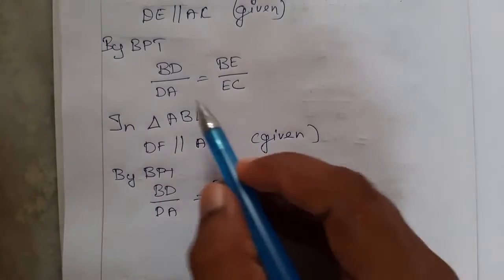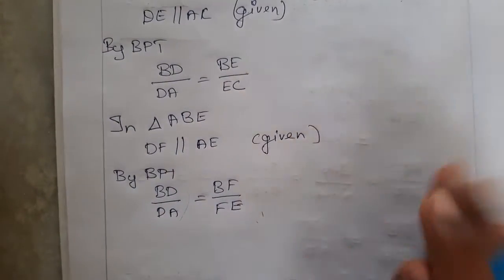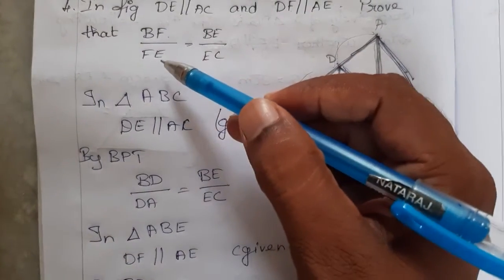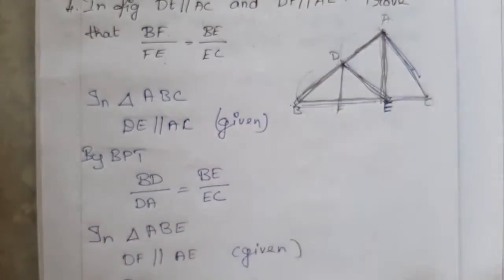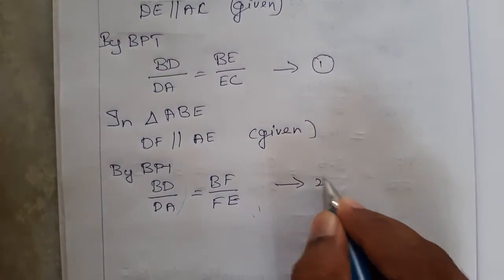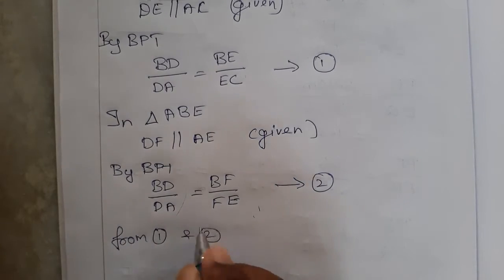But here you can see BD by DA here also. So both will be equal. So that is what we have to prove: BF by FE is equal to BE by EC. So let me consider this equation 1 and this equation 2. So from 1 and 2, LHS are equal, so the RHS will be equal.